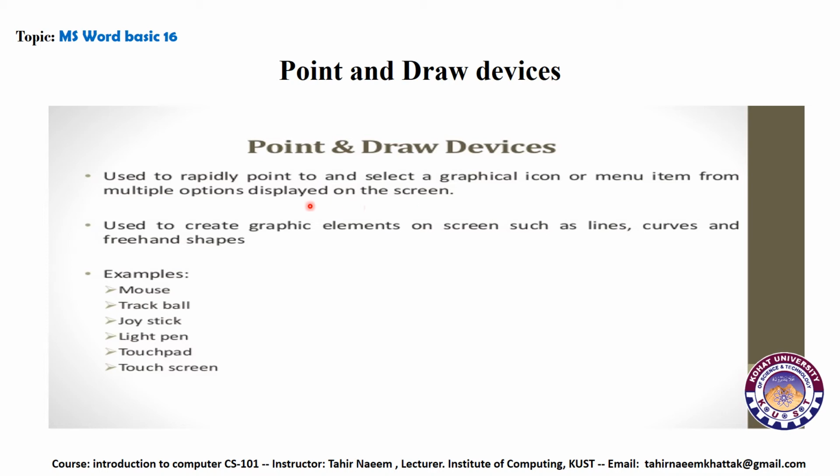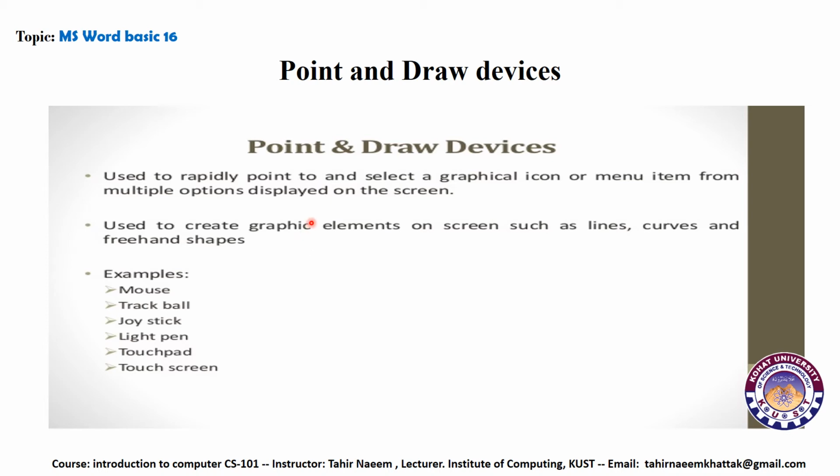Basically, a pointing input device is used to point, and we normally use the cursor and click on the display of the screen. Draw devices are used to create graphic elements on the screen such as lines, curves, and freehand shapes. So basically point and draw devices are used for this.